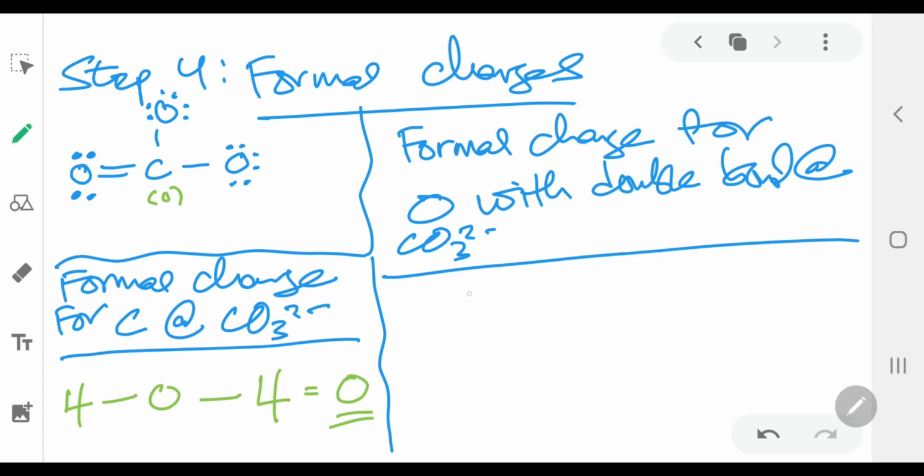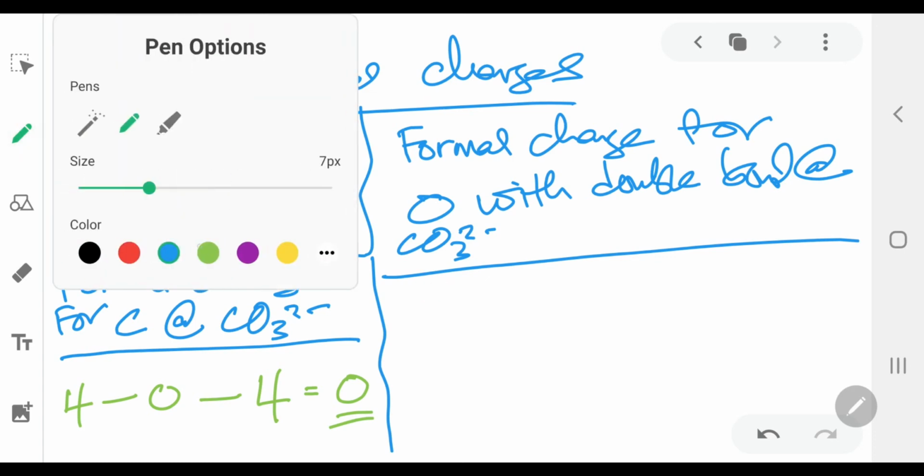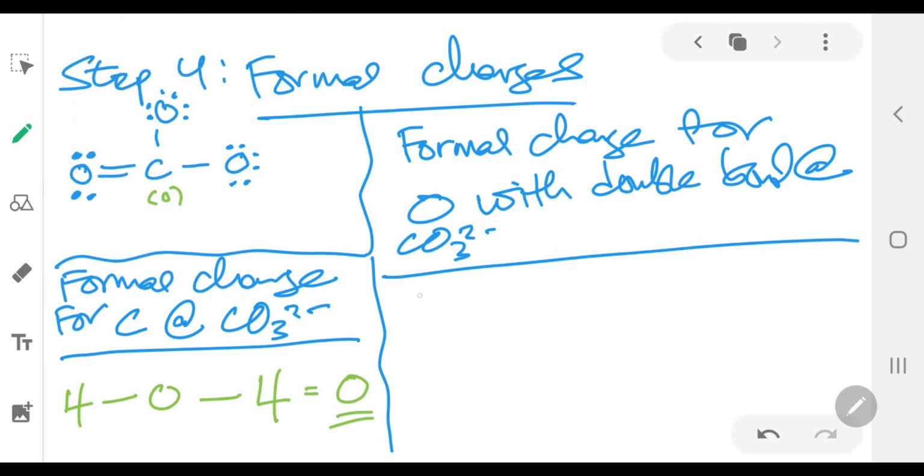Okay, so that one, the valence electron for oxygen is 6 minus how many lone pairs? You have 1, 2, 3, 4 electrons in the lone pair, minus you have 2 bonding pairs on it, so you have 0 formal charge. So this is 0 formal charge.